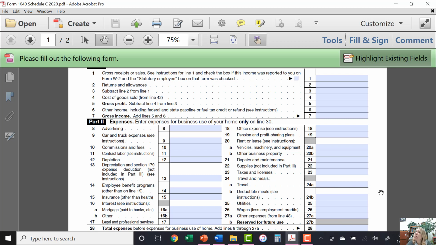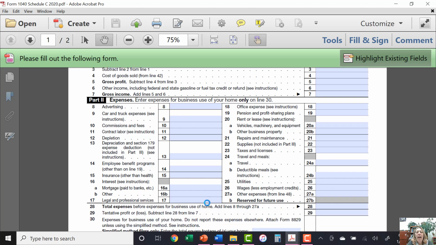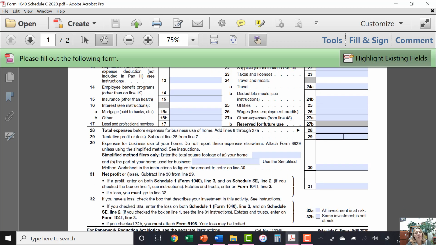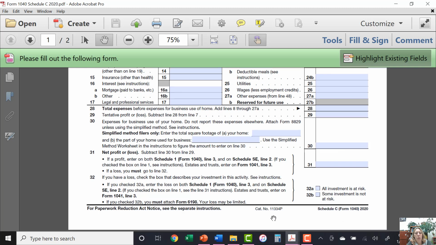Remember, meals are always 50% deductible. Did you have wages that you paid? This means actual employees that you issued a W-2. And the other expense line is for anything that doesn't neatly fall into one of these categories. From there you total your expenses and you find your profit.